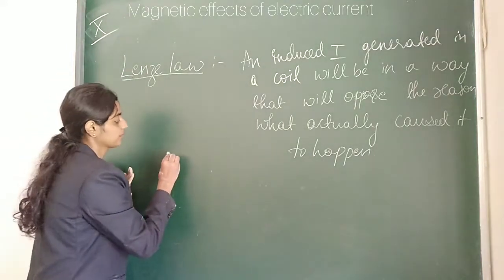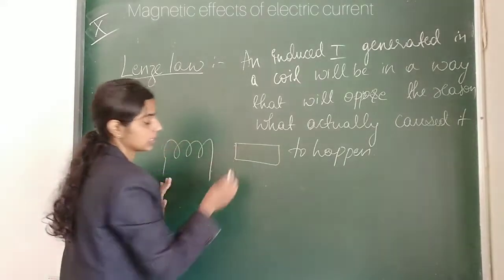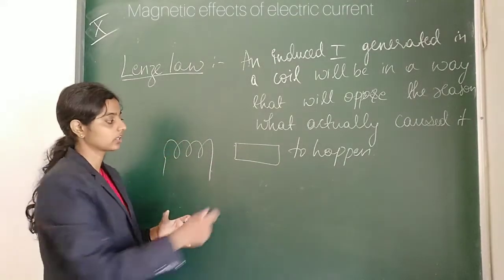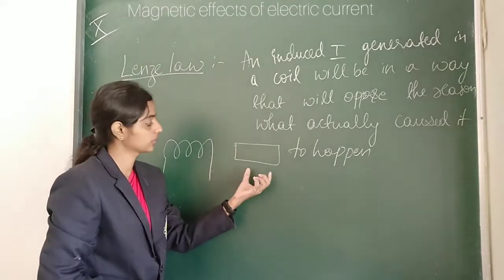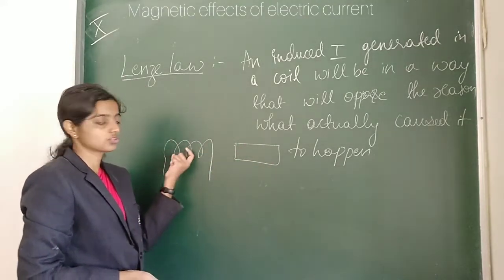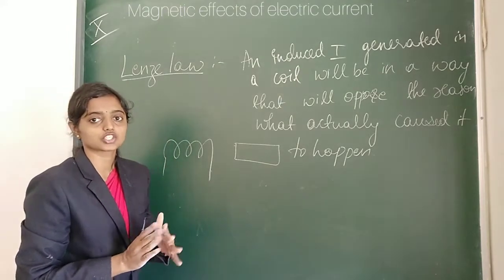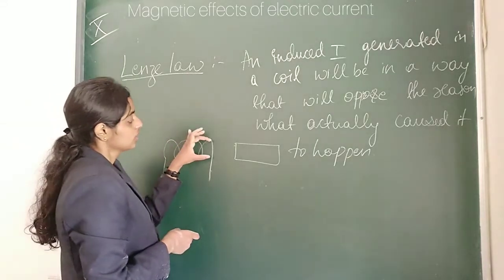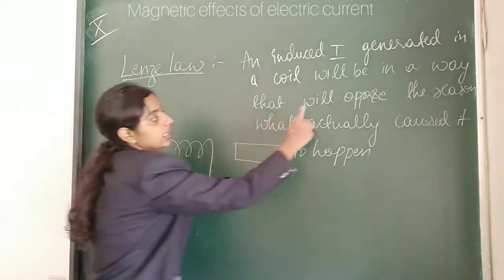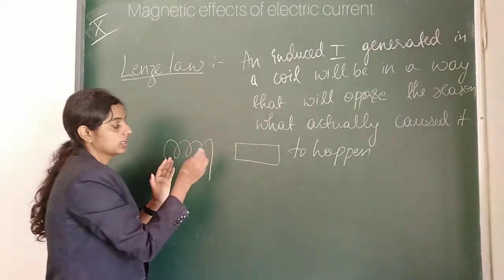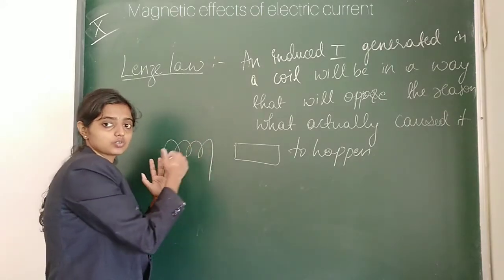Let me explain now. If this is our coil, an induced current is obtained here, right? When there is a changing magnetic field with the motion of this magnet, the induced current will be obtained, as we know from electromagnetic induction. The next step is, when that induced current is obtained, it will oppose the reason why it was obtained.